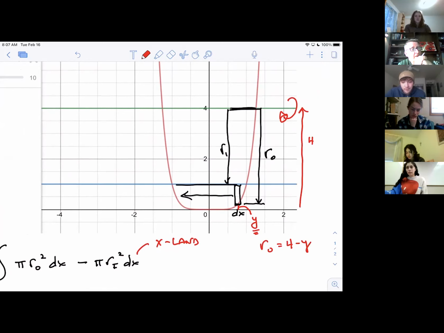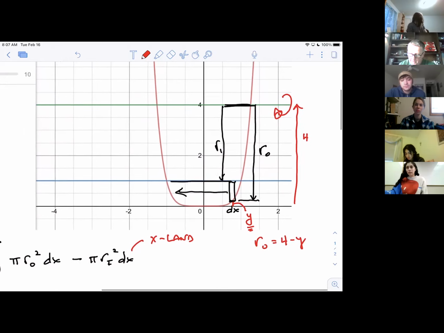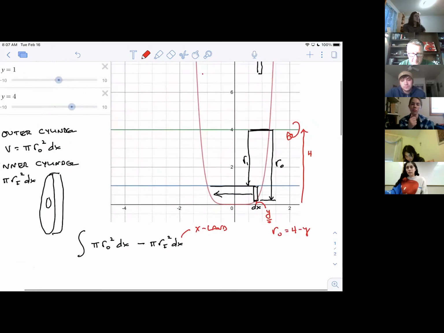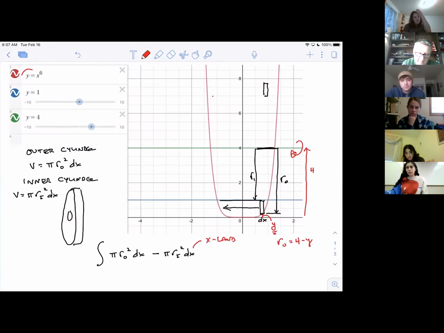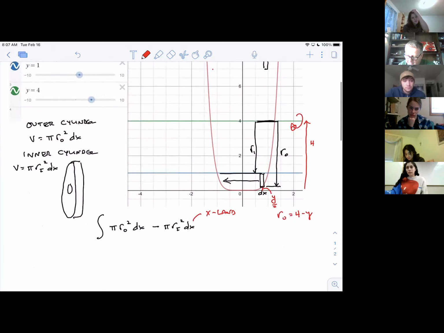So then, that larger radius, R outer, is 4 minus the Y value of my X to the 6th graph. Well, this is how I get into X land. Because I know that Y on that is the same as X to the 6th, then I can say that R is 4 minus X to the 6th.